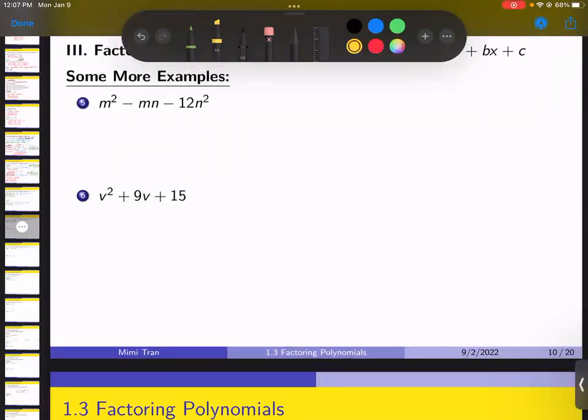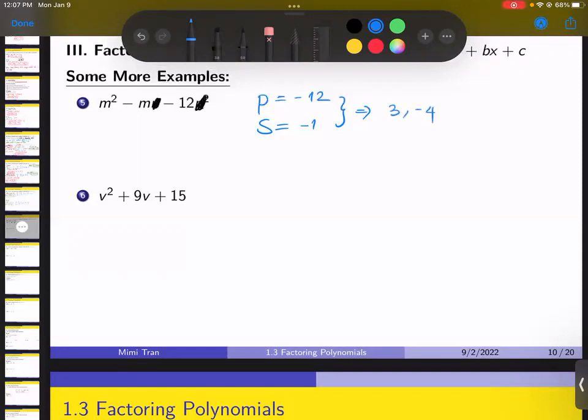Here's a little trick for you. What I'm going to do is I'm going to ignore the n right now. So I'm gonna gray it out. Now it's something that we know how to factor, right? So let's do this. So product is -12, and then sum is -1. What is it? 3 and -4.